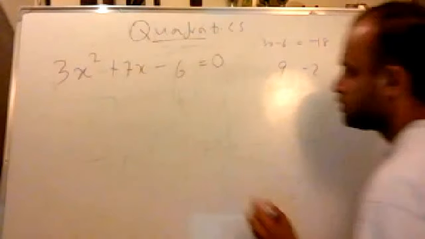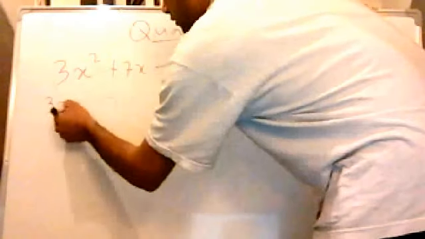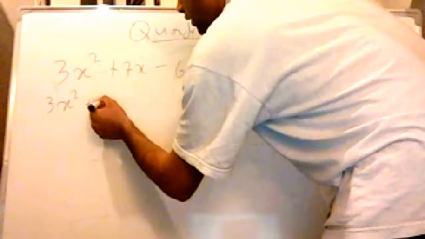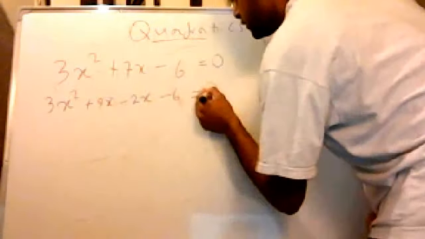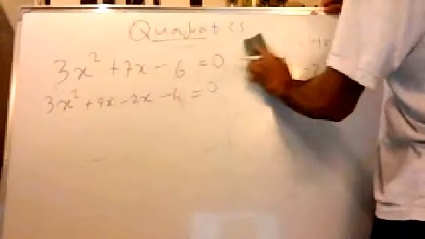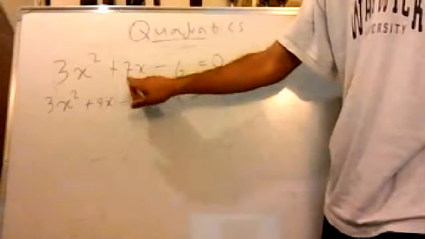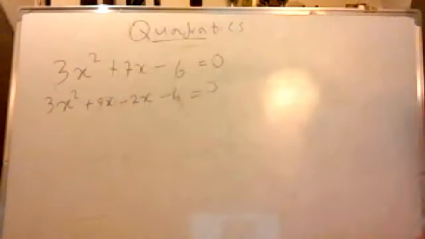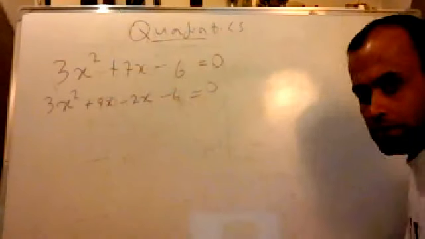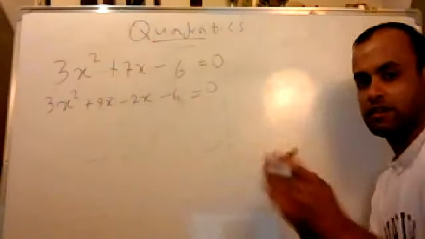Right, so let's rewrite this using these factors: 3x squared plus 9x minus 2x minus 6 equal to 0. What I've done is, instead of 7x, I wrote 9x minus 2x. Is that clear? I'm going to teach you this method, which will give you the right factorization all the time.